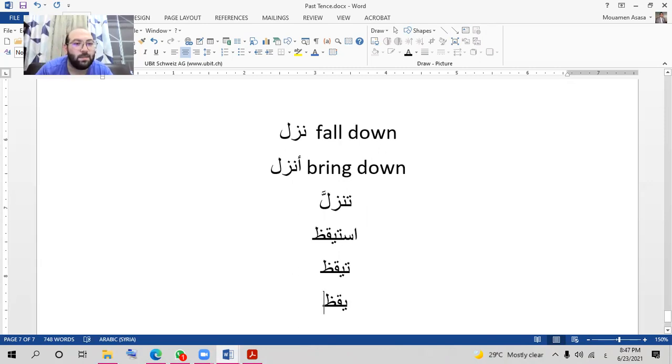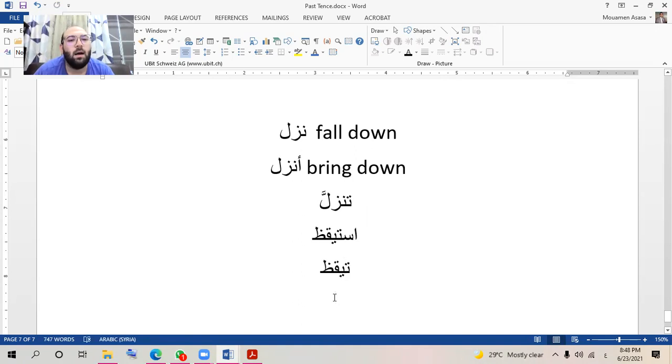These 3 verbs, each one of them, all of these verbs are in the past. Istayqadha means he wakes up. Tayaqqadha means he noticed. Oh, different. Yaqadha is the name.